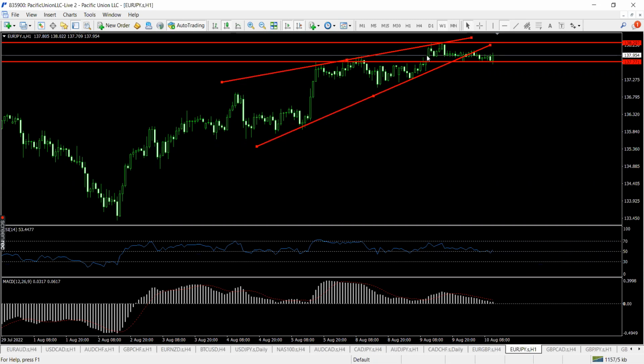Everything is factored into price action. So this is what the chart is showing us. Price action simply talks about what price is doing, where price had been before, where it is now, and where it is projected to go. So sometimes fundamentals are factored in already. Okay, sir. Thank you, sir. You're welcome.